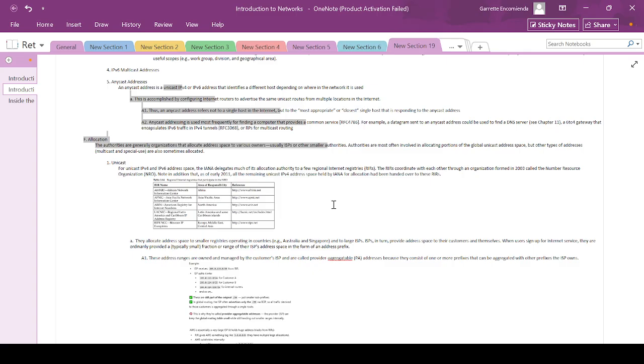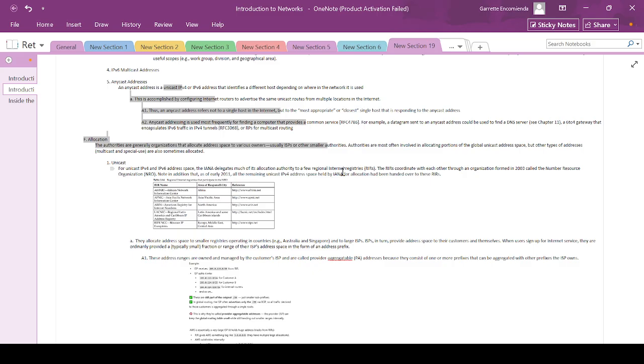Anycast addressing is used most frequently for finding a computer that provides a common service. For example, a datagram sent to an Anycast address could be used to find a DNS server. So it is used to find a DNS server. That's the most common use, to be able to translate it fast. A 6to4 gateway that encapsulates IPv6 traffic in IPv4 tunnels.